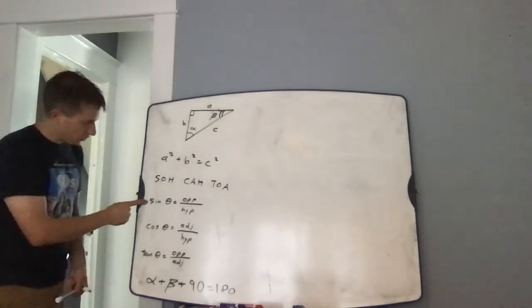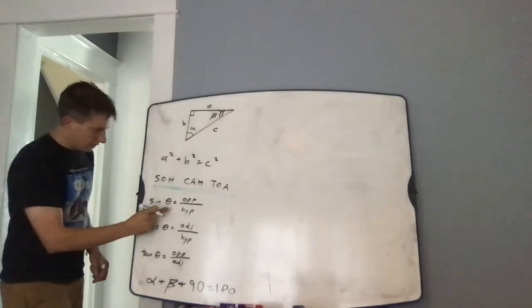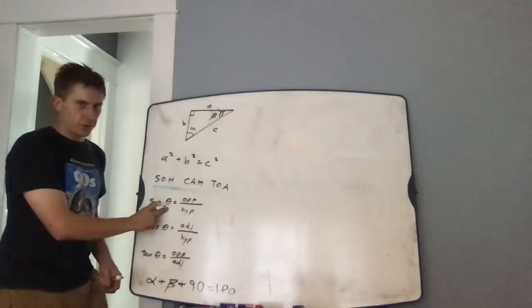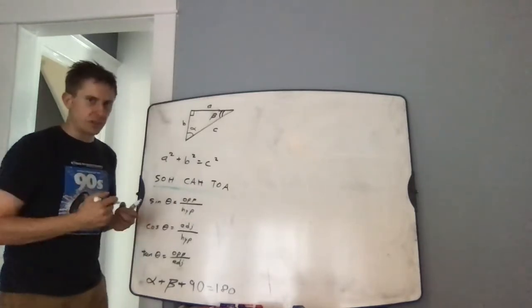When you are working with these trig functions, the angle here I wrote as angle theta. What is opposite, what is adjacent, what do those really mean?